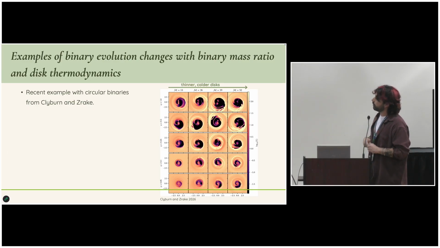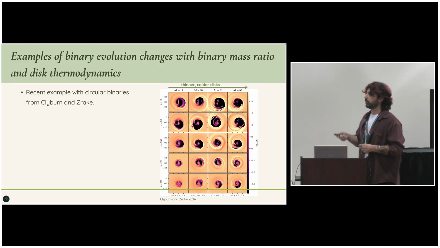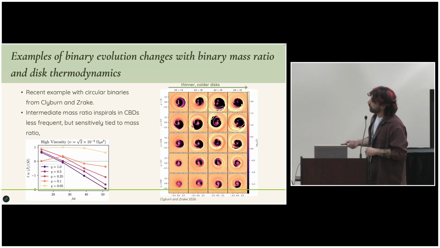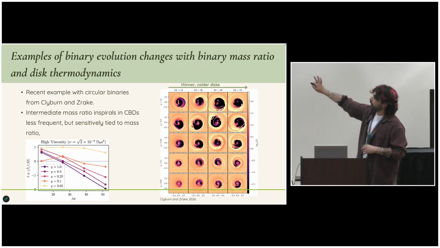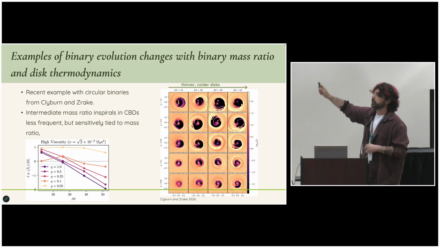One more quick example: this is a paper by Madelyn Clyburn and Jonathan Drake, also from this year, where they also showed that the evolution of binaries changes sensitively with mass ratio. This studied just circular binaries, but varied the mass ratio from equal mass all the way down to 0.05. The big plot on the right shows all of the different 2D density contours, where each row represents a single mass ratio, with equal mass at the top and the smallest mass ratio at the bottom.